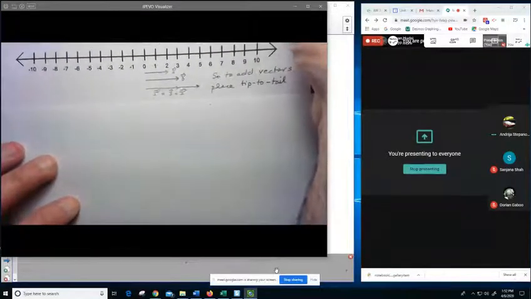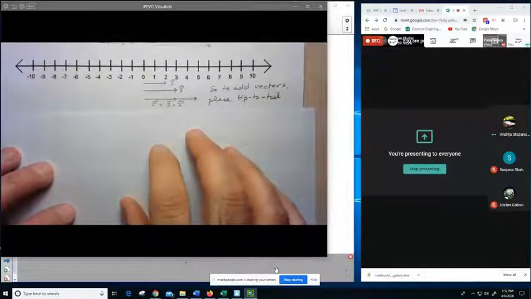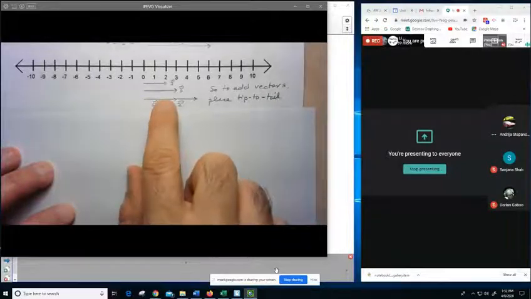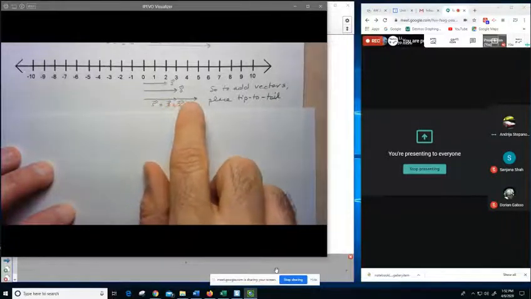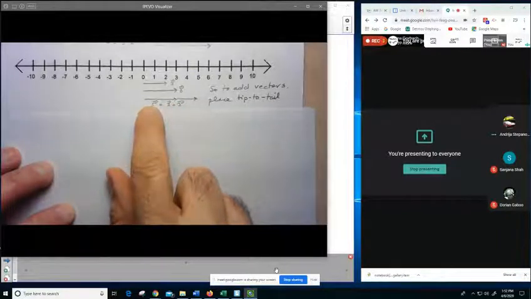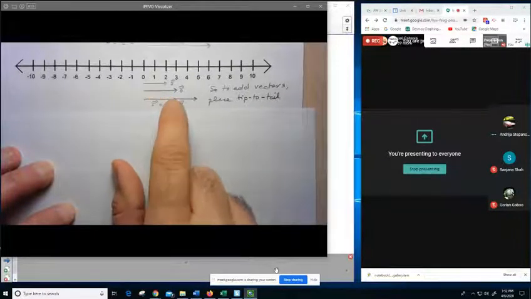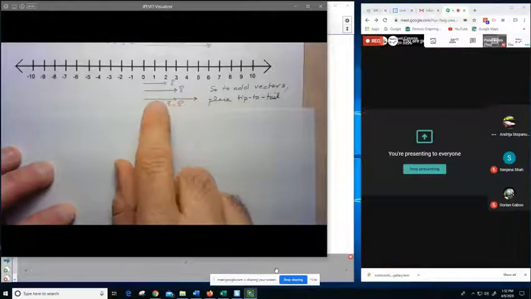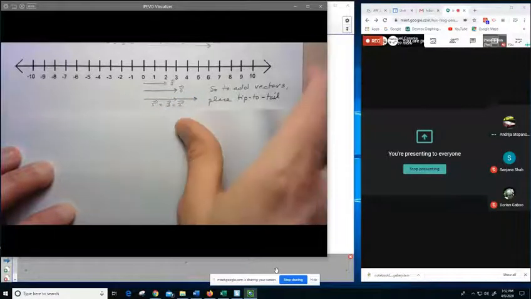And similarly here, we can do that with addition, okay? And the way in which we add is by adding the vectors tip to tail, okay? So it gives us the result we want it to give us. So vector 2 plus vector 3, or vector 3 plus vector 2 gives us the vector 5, okay?